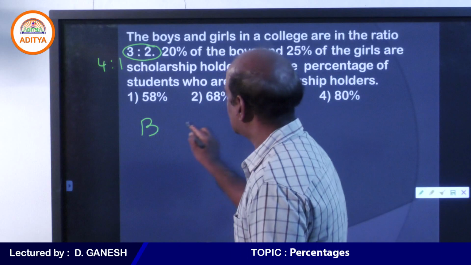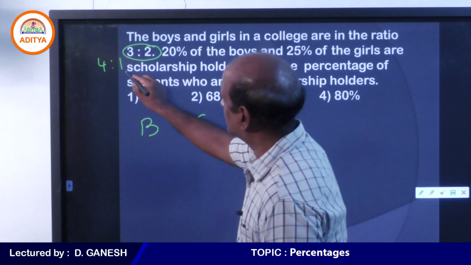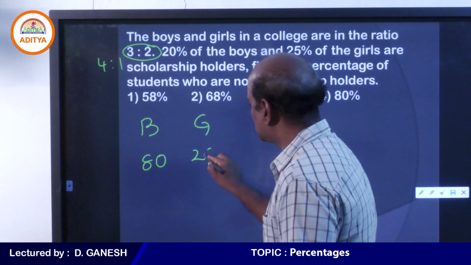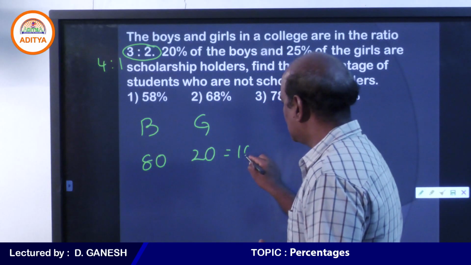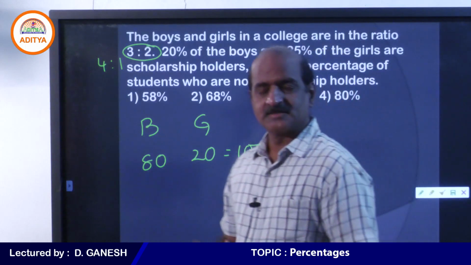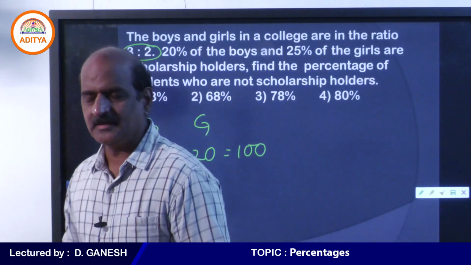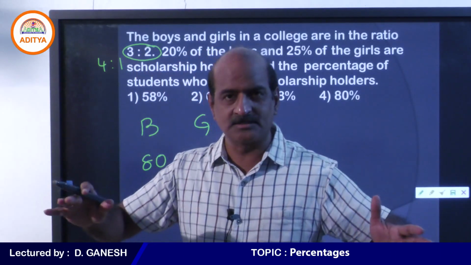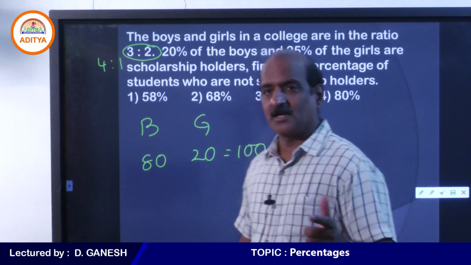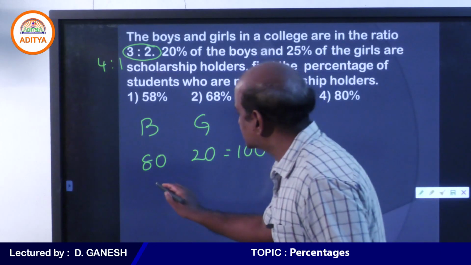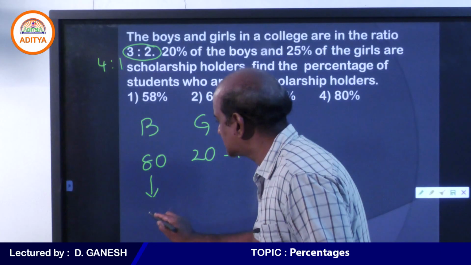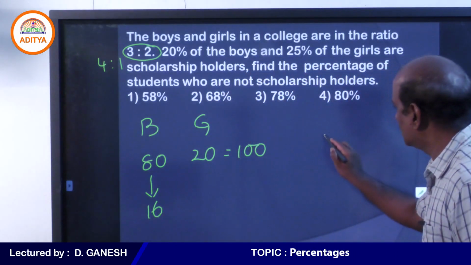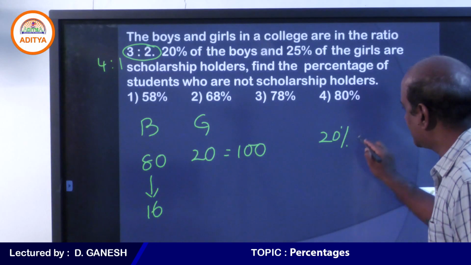Student, now just listen to me. Because boys and girls are given as 4:1, without disturbing the ratio, I can take 80 and 20. See, 80 and 20 are in the ratio 4:1. So I did not disturb the ratio that is given to me. Now just look at that. 20% of the boys. Student, do you know how I am getting 16? 20% of 80.